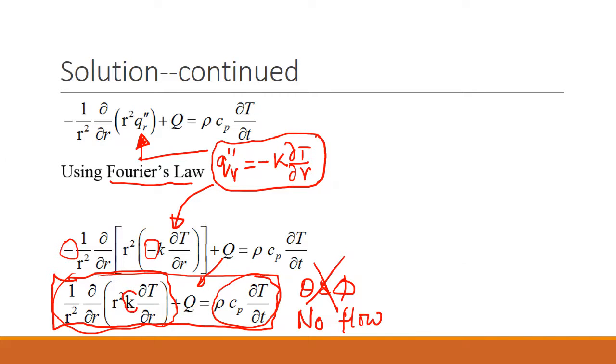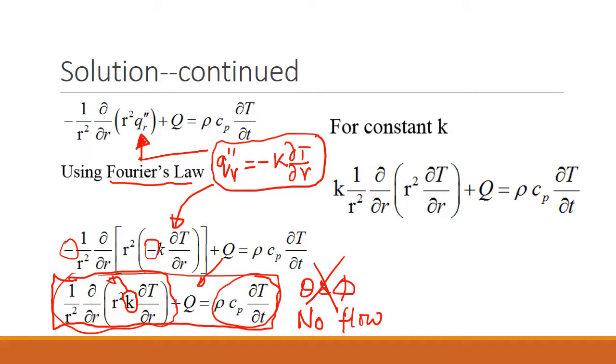One thing is we still have k sitting inside. We can bring k outside only if we assume k to be constant. So for constant k, k can come out, and we have this equation.